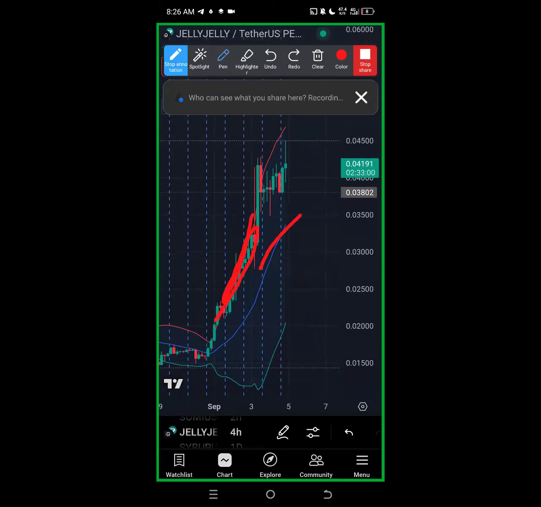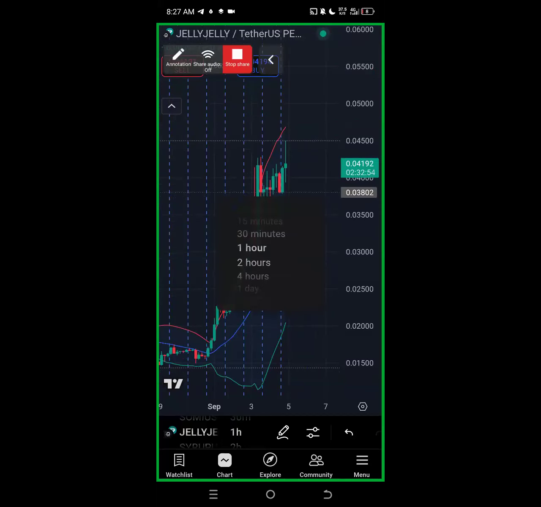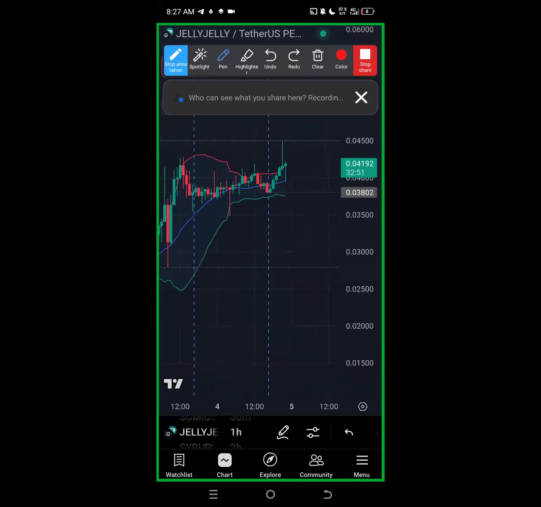Once it is around there, traders would begin taking off profits and selling. Therefore, you should expect a pullback, normally towards the middle band. That is a pullback, or what you would call a retracement. After hitting the upper band, which is more like a resistance, it will have to bounce down.